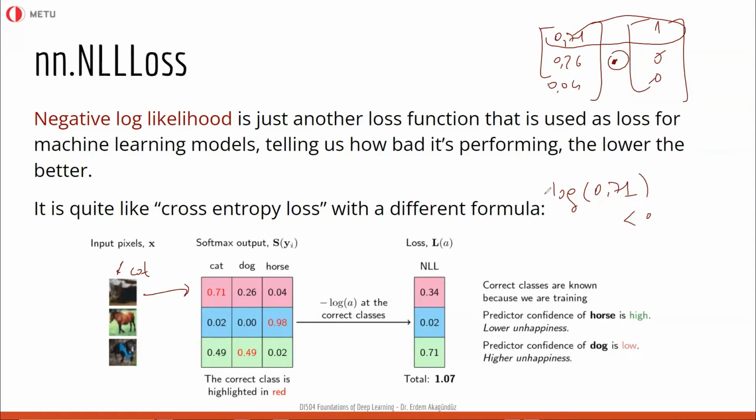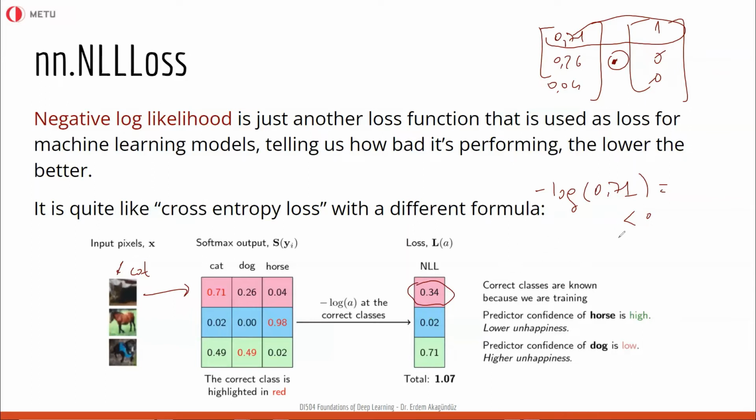I want it to be positive, because I want to minimize the loss. So I put a negative: negative log likelihood. Likelihood is just a word like similarity. So you calculate negative log of this, and you're trying to minimize it. If you can make this 0, then good for you. So that's negative log likelihood, nothing else.